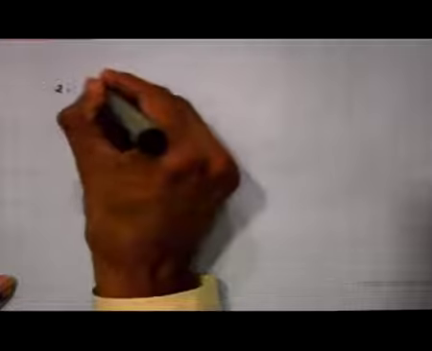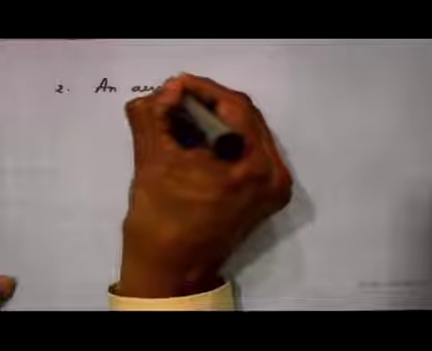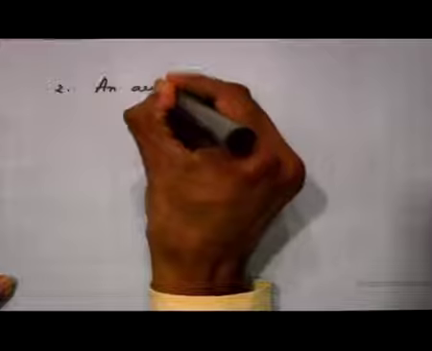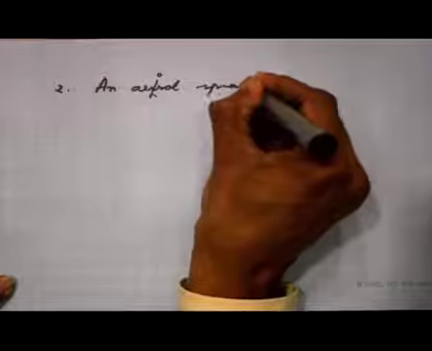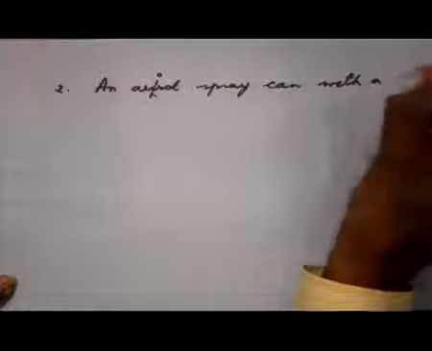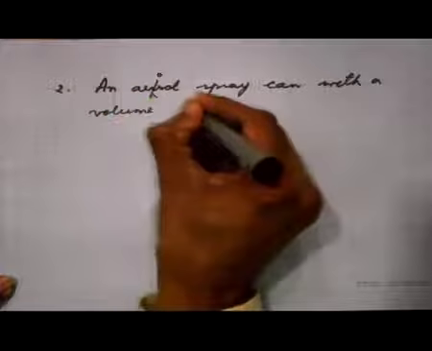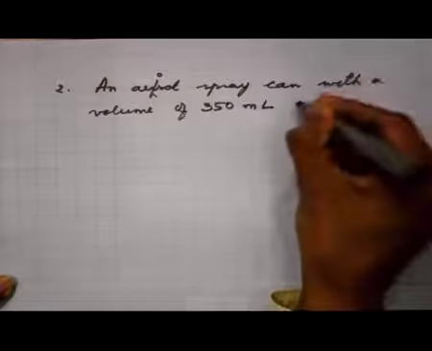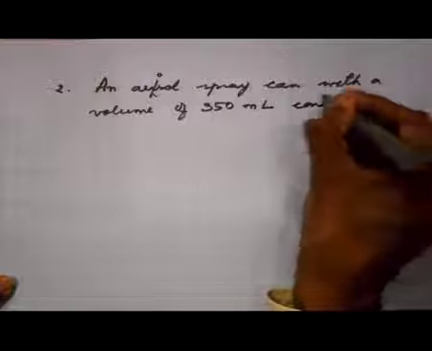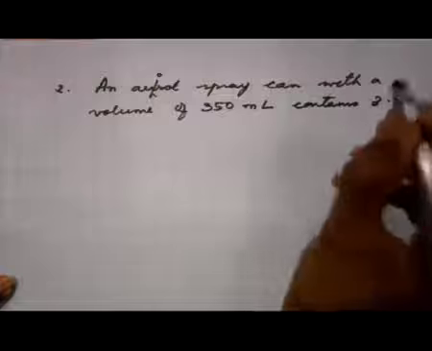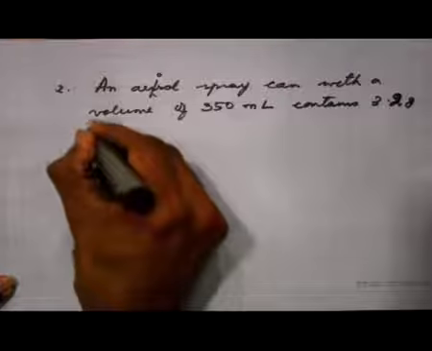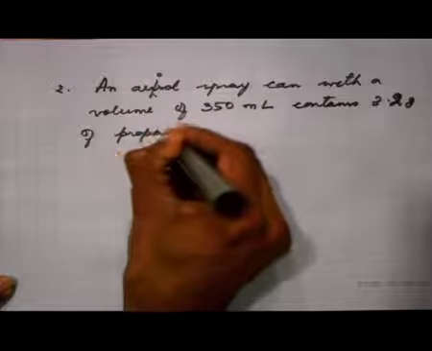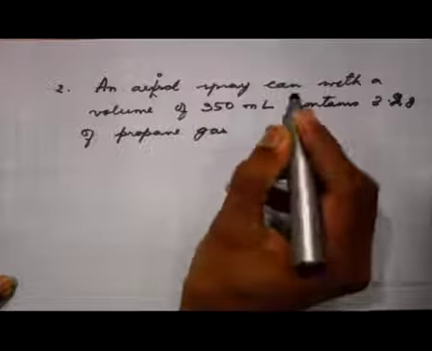So, the second example that we look at is about an aerosol spray can with a volume of 350 ml, which contains 3.2 grams of propane gas as propellant.